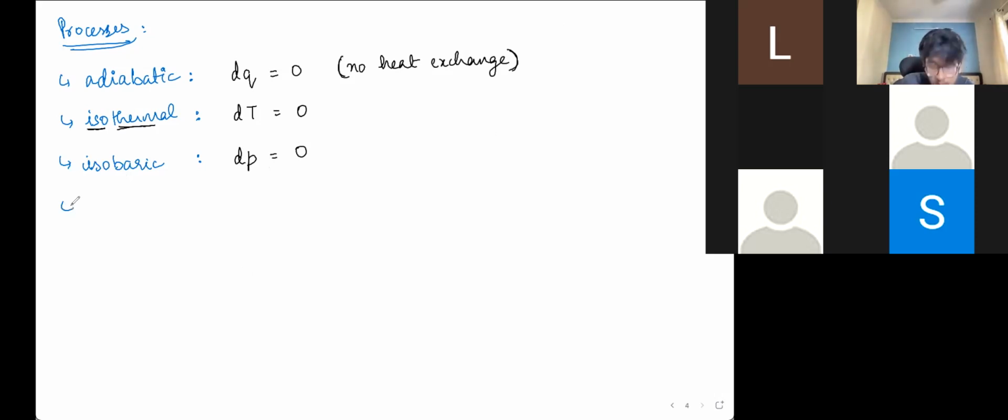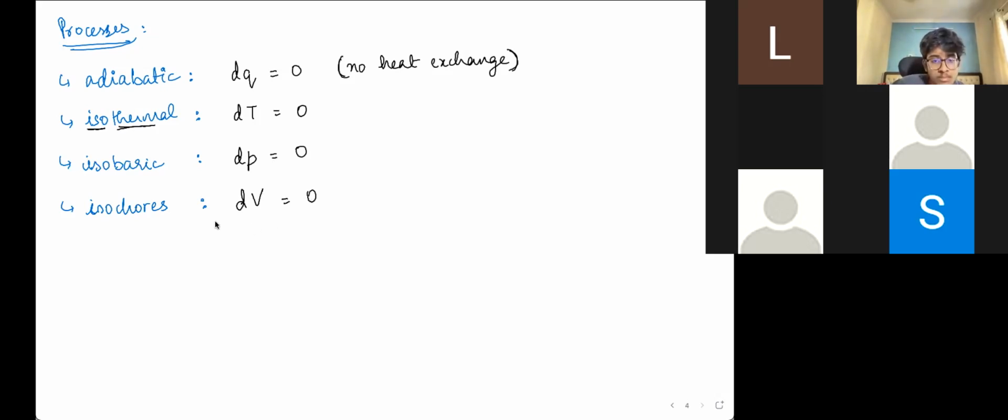Okay. Then isochoric. So isochores are also graphs that you might have come across in states of matter. So when you keep the volume constant, dV equal to 0.